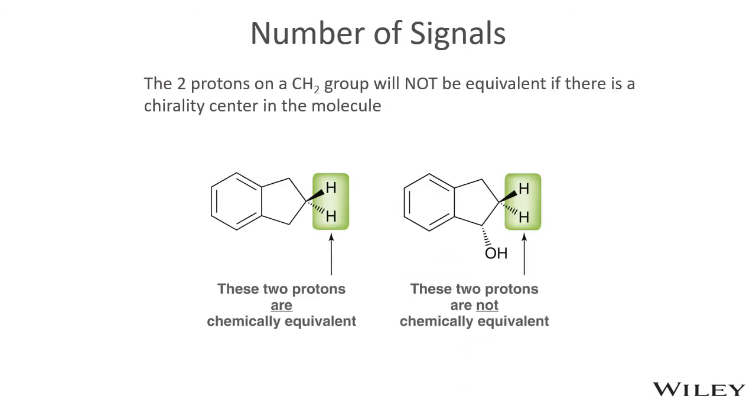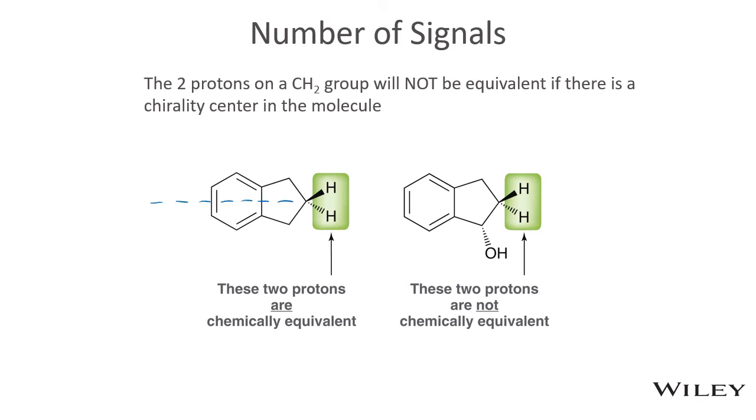Now, in molecules containing chiral centers, we can start to introduce different types of hydrogens that may be bound to the same carbon. So for instance, if we're going to focus on this molecule, these two hydrogens are chemically equivalent. They are the same. And in this molecule, there is both an axis of symmetry.